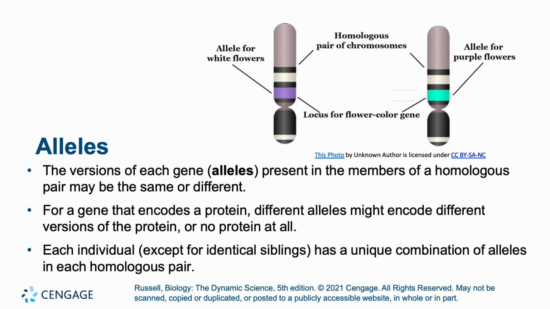Unless there are exceptions. Since meron din tayong tinatawag na different allelic or gene interactions, which is yun yung mga codominance, mga ganun. But that's not our focus for today. So, ayan. Yun lang muna for now. Sneak peek. Ayan. So, each individual, except again for identical siblings since they carry the same genes, has a unique combination of alleles in each homologous pair.